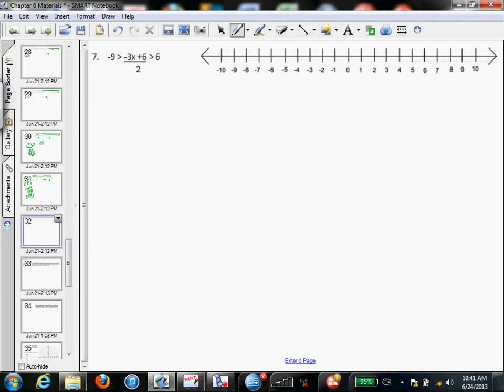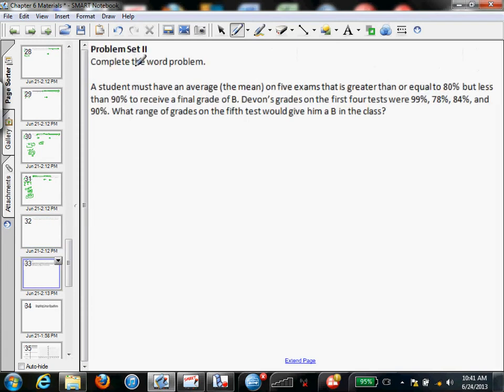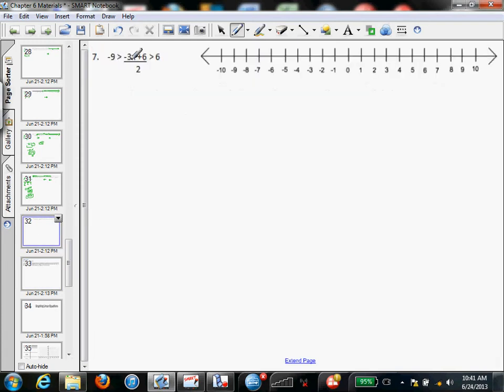And finally, example 7, we have negative 9 is greater than the quantity negative 3x plus 6, all that divided by 2, is less than 6. So if we work with this kind of example, we have to multiply by 2 on both sides to start getting stuff away from the variable. So multiply by 2 on both sides.